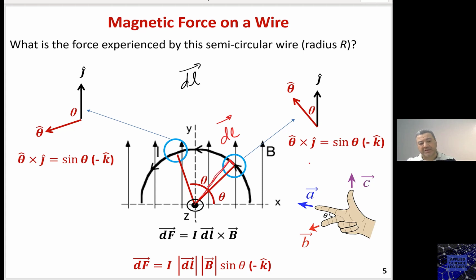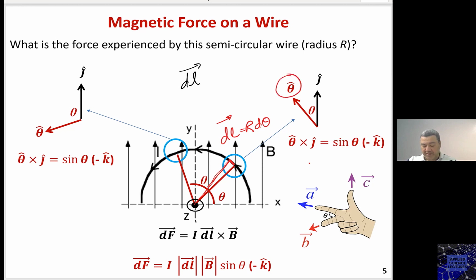So my variable is theta on a constant radius. Let me call this radius r. Then my variable is d theta, and the unit vector here is called theta hat.